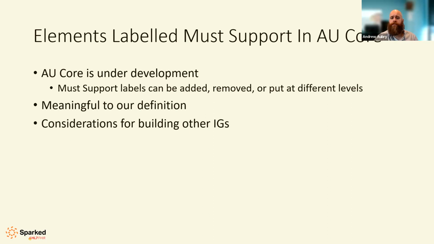The labels are just a visual indicator. We then have to ascribe the meaning to our goals of achieving interoperability between our systems in Australia. So we need to make sure that these are meaningful to our goals, and that they fit with that definition of the minimum required data set for interoperability in Australia.